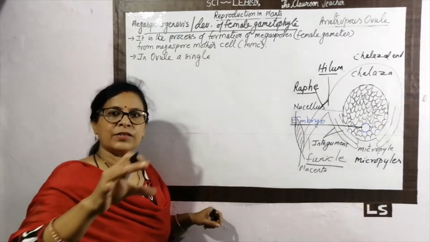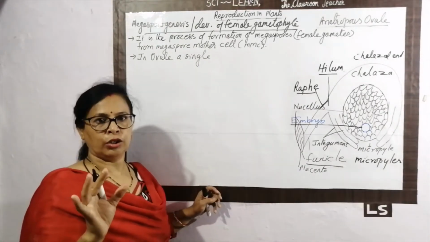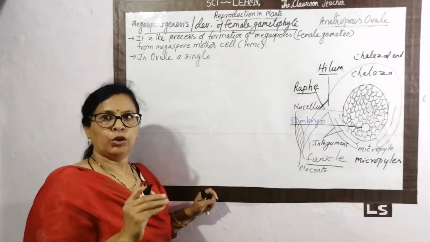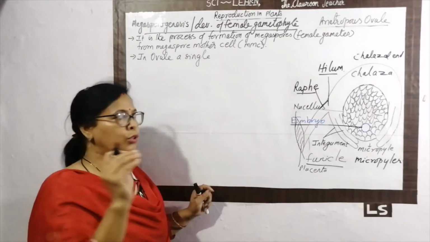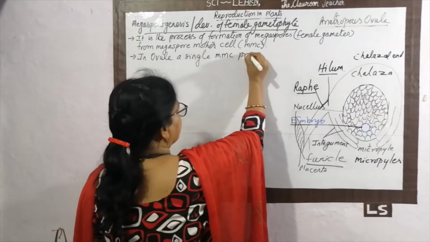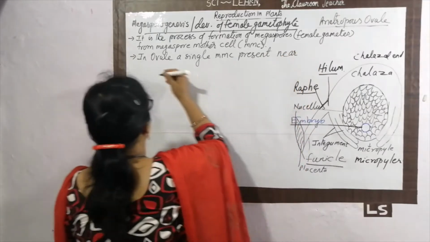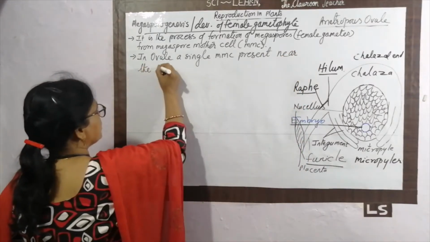All the cells which are present in the ovule have the potential to form the megaspore, but only a single megaspore mother cell, MMC, is present near the micropylar end. This is important.